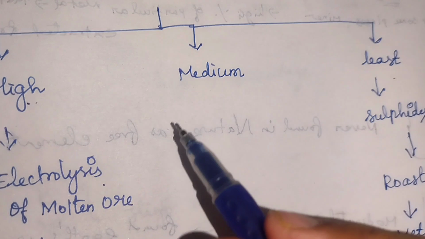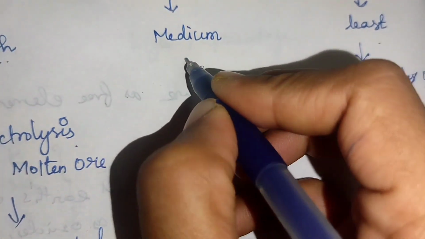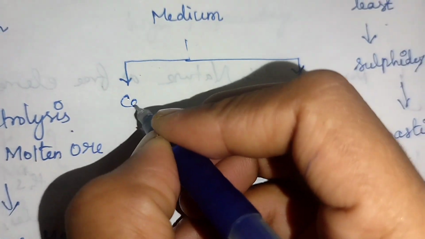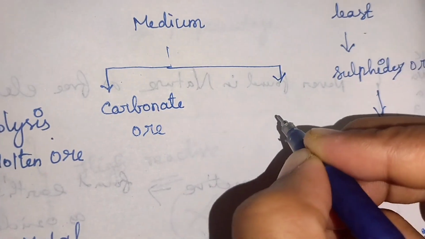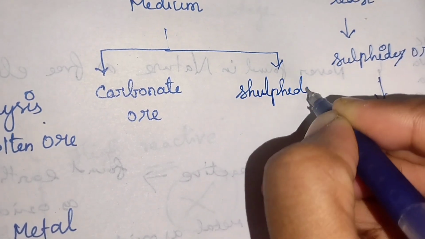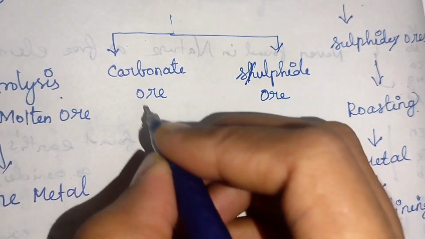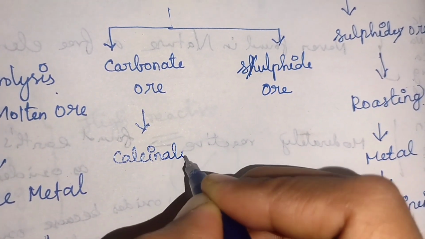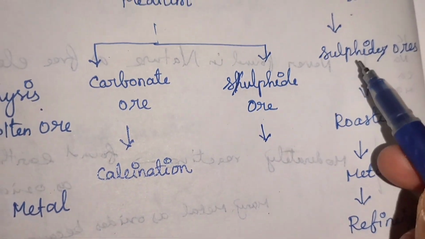Now come to medium reactive metal. It is the biggest process. In these medium reactive metals, we get 2 ores. One is carbonate ore, another is sulfide ore. For carbonate ore we do the process of calcination. For sulfide ore we do roasting, the same as for least reactive metal.